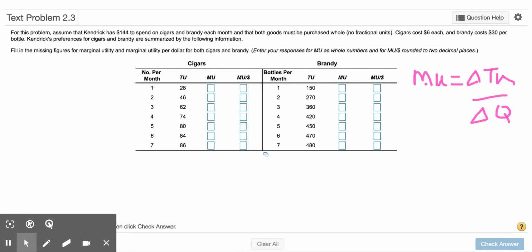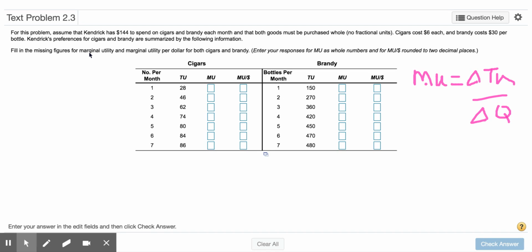So I'm going to start here, where he was supposed to have a 0. When we move from 0 units to 1, the marginal utility is equal to 28, because 0 units of consumption will give you 0 utility.